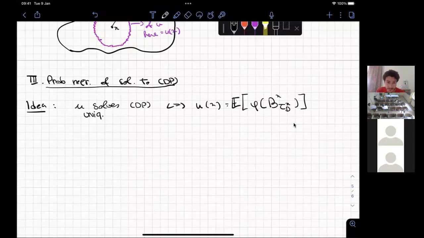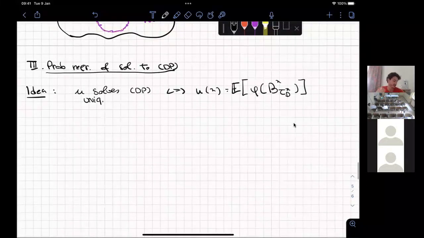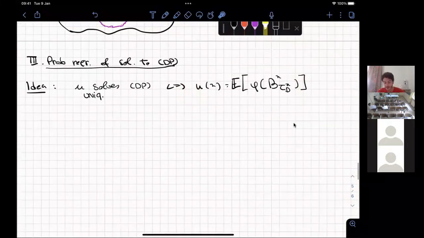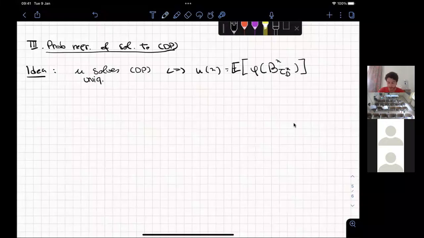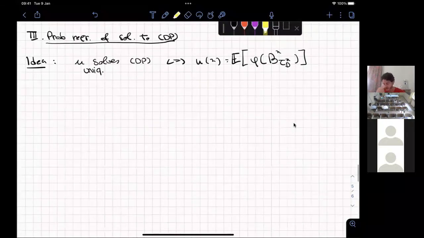And a first thing to do is just to convince ourselves that this should be the right formula. In order to do that, let's do some formal computation to see that if there is a solution to the Dirichlet problem, then it must be of this form.